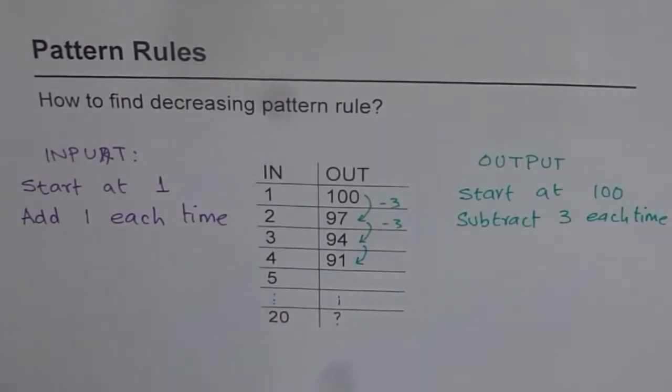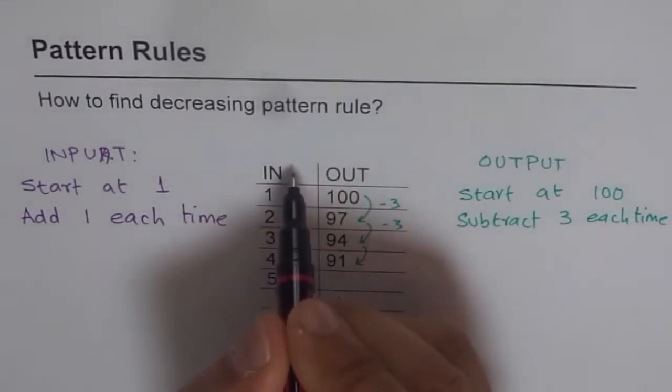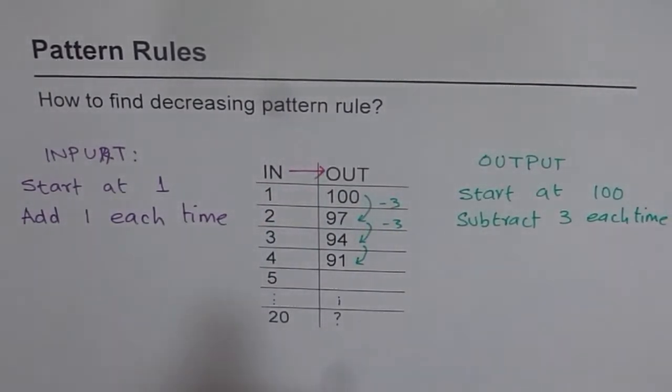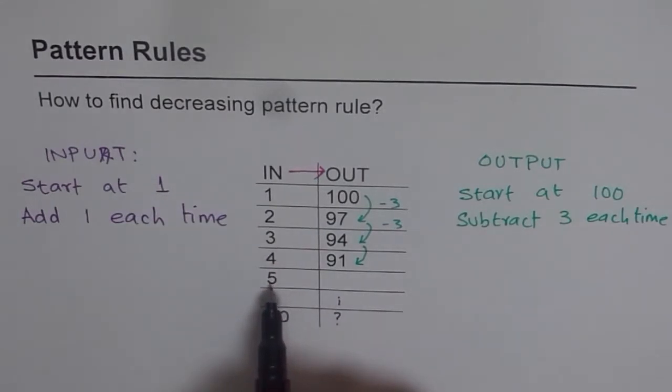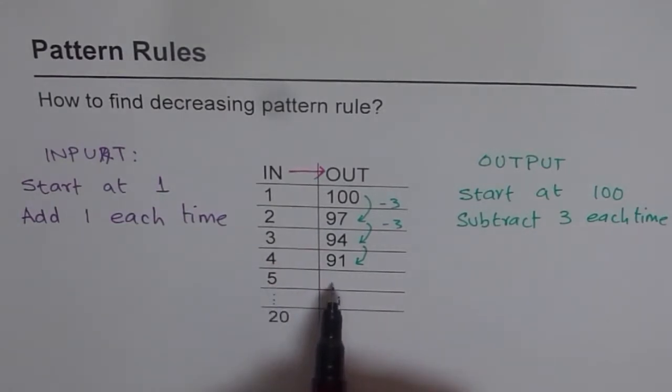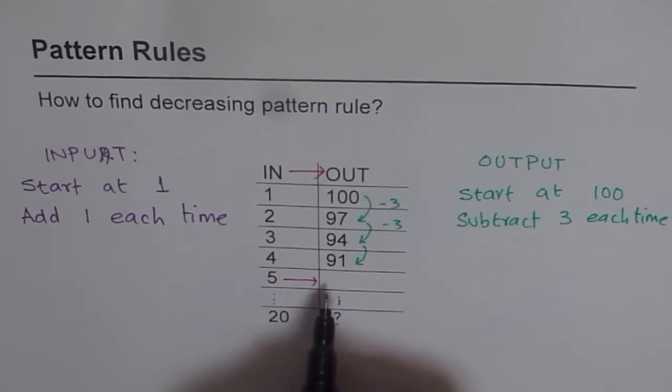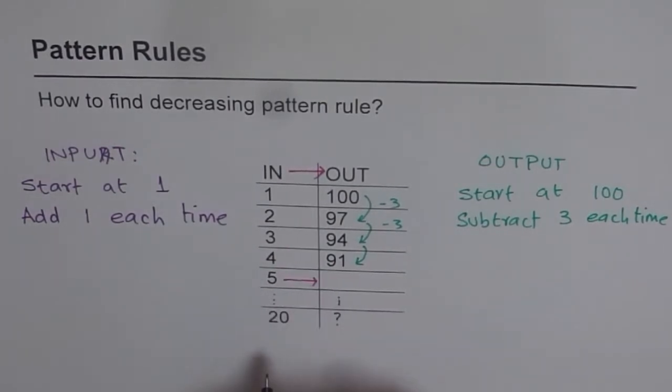Now the question is how to describe the pattern from input to output. How are these related? That is to say, if my input is 5, what should be the output? One way is to go with the pattern, the rule which we just learned.